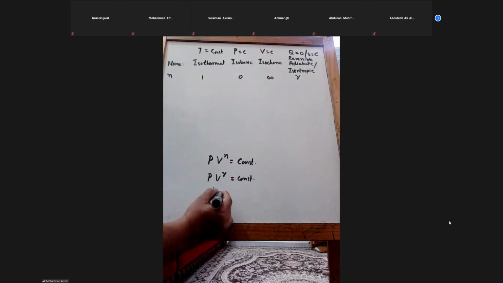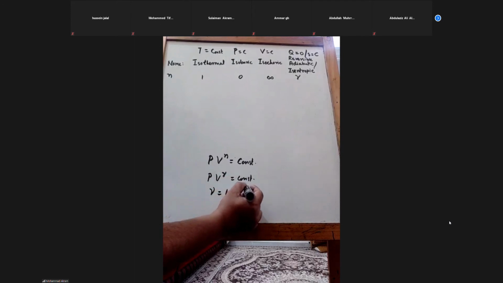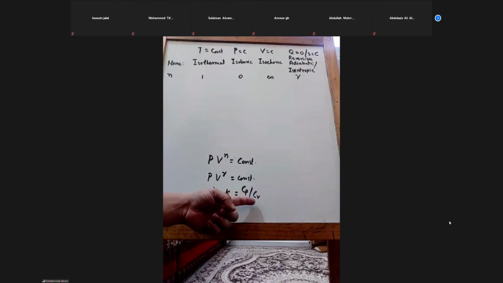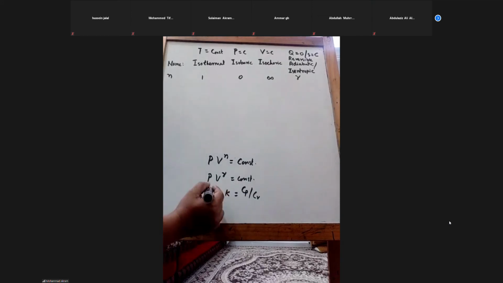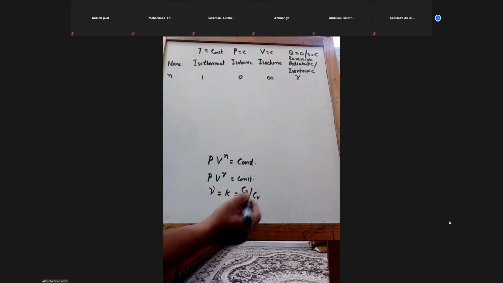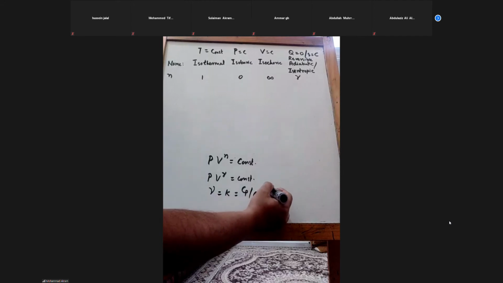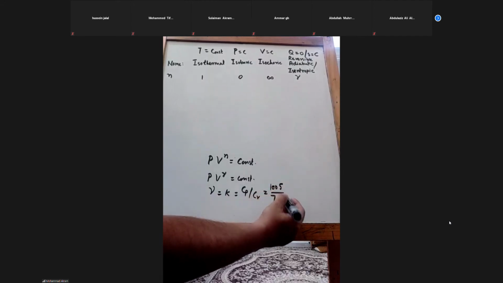Gamma or K is the ratio of Cp to Cv, specific heat at constant pressure and specific heat at constant volume. In the previous class, do you remember, I gave this value as 1005 and this value as 718.